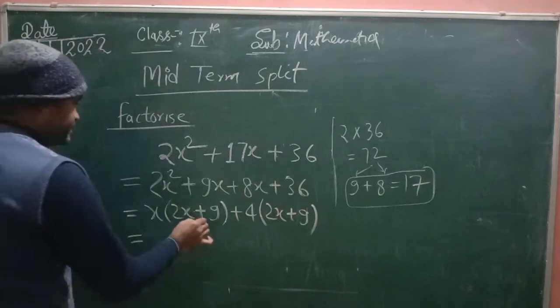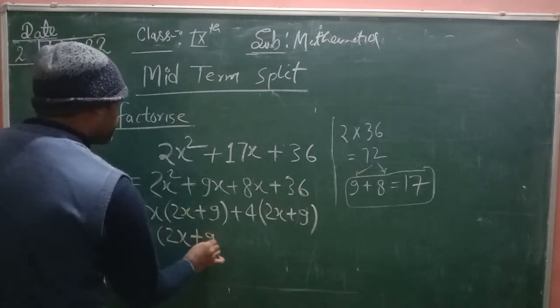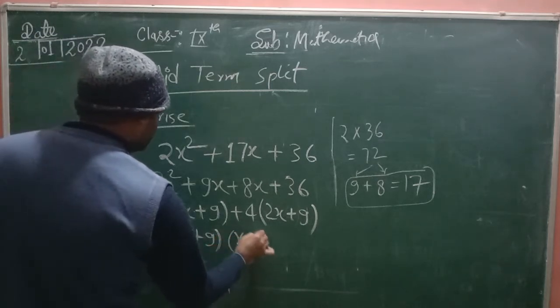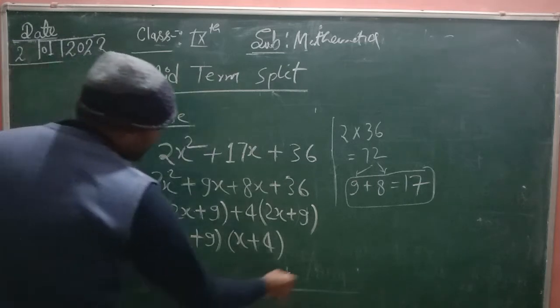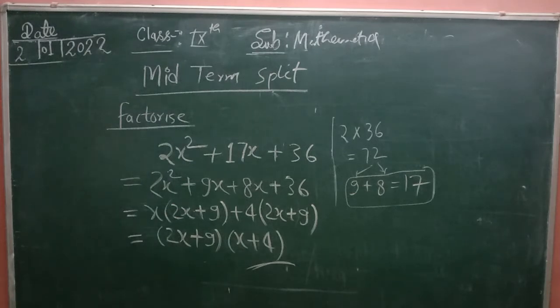And after that 2x plus 9 is common from both, and x plus 4. It is the answer, the factors of 2x square plus 17x plus 36 using midterm split. All right.